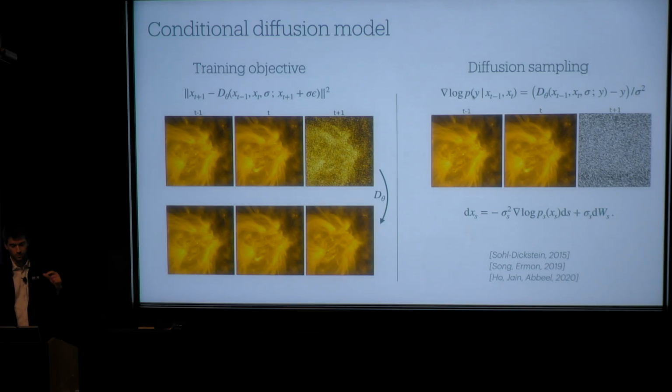The score is the gradient in space of the log probability. You have a direct link. It's a simple formula. It's a beautiful formula between the network you train and this, let's say, quantity related to the distribution you want to model.